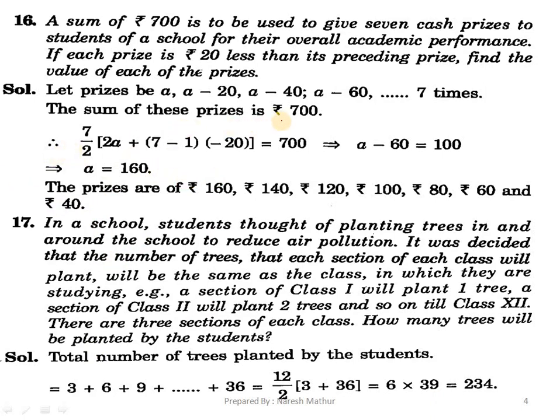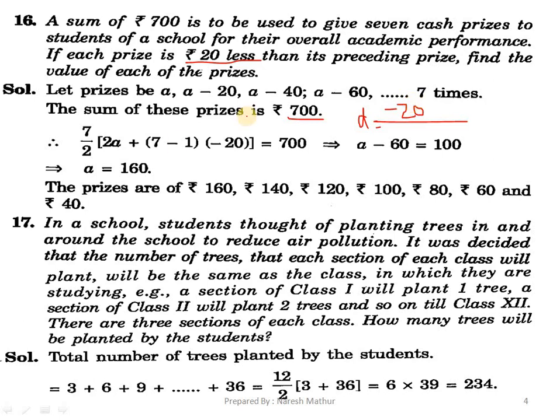The prize is 20 rupees less, so the difference is minus 20, because it is in decreasing order, as obviously the first prize will be higher than the second prize. So we have d, we have Sn, and n equals 7, it is given.